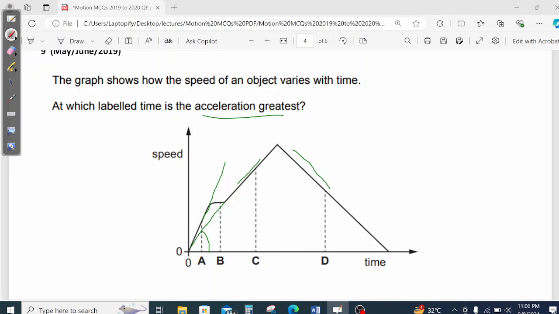If you look at the angle of this line, it is a greater angle. By increasing the angle, the slope increases. This is the key point of that MCQ. So your answer will be A, because the slope of A is more than the slope of C and D, so it has the greatest acceleration.